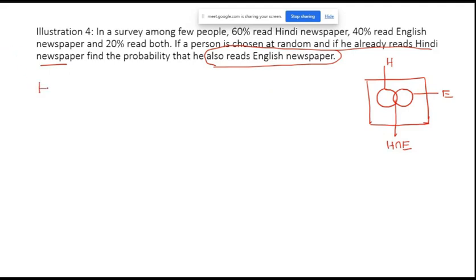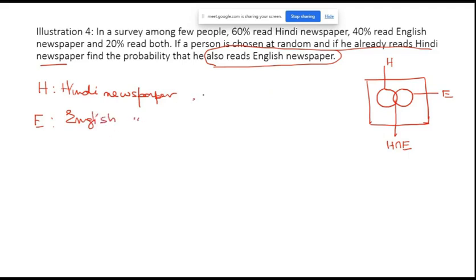Let H be the event that the individual reads Hindi newspaper. You complete the sentence when you write in the exam. And E be the event that the person reads English newspaper.